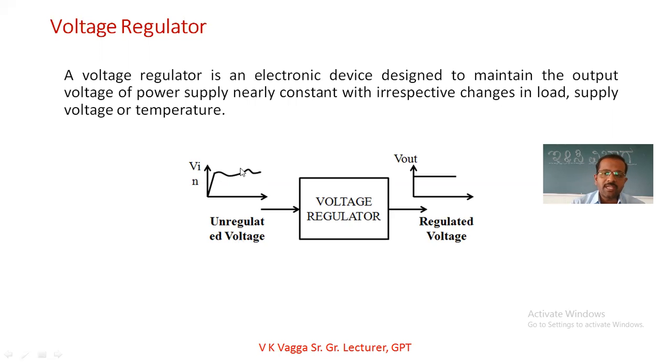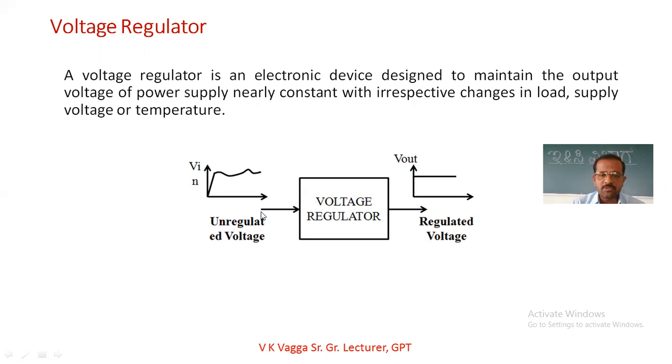It is going to vary according to the variations of the load, the supply voltage, or the temperature. In order to obtain a constant output, a single straight line, we use the voltage regulator.